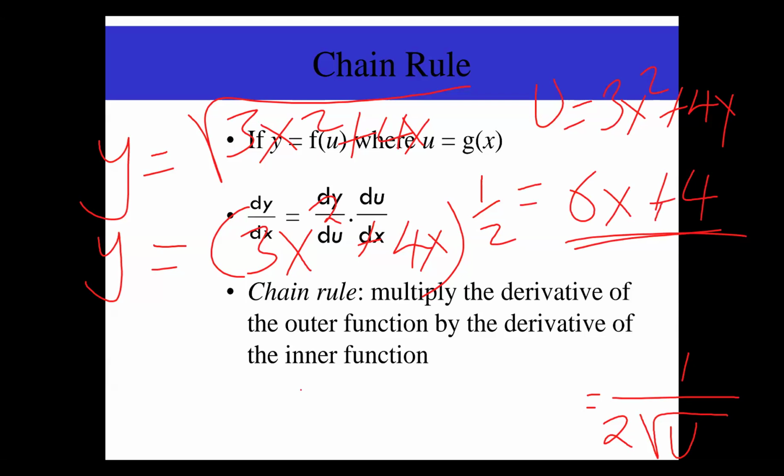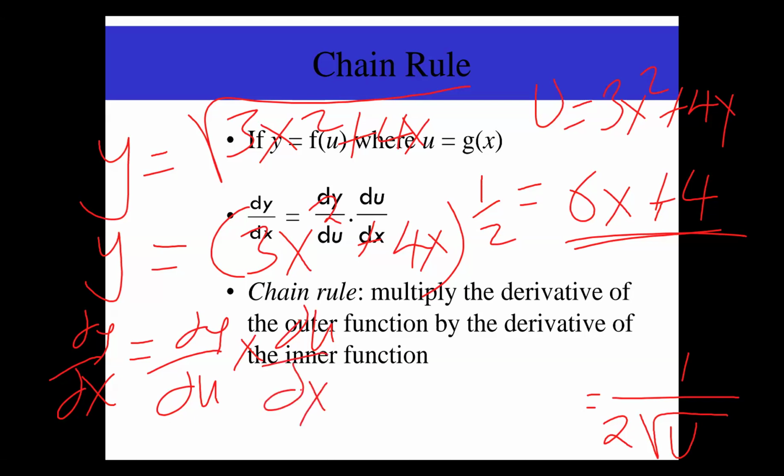And then now we have du over dx. So our formula is dy over dx equals dy over du multiplied with du over dx. So dy over du is 1 over 2 root u, right?